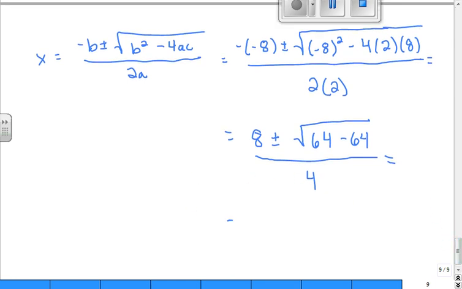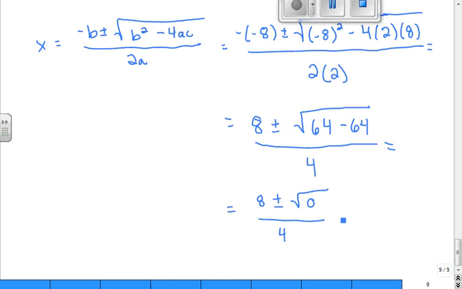Okay, so that gives us 8 plus or minus the square root of 64 minus 64, which is 0, over 4. Well, the square root of 0 is just 0, because 0 times 0 is 0, over 4.